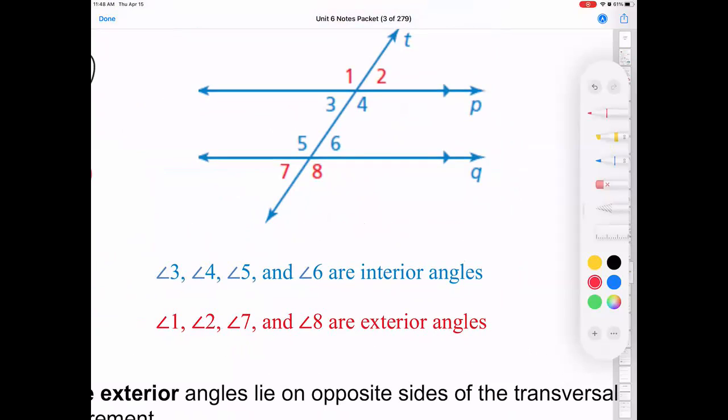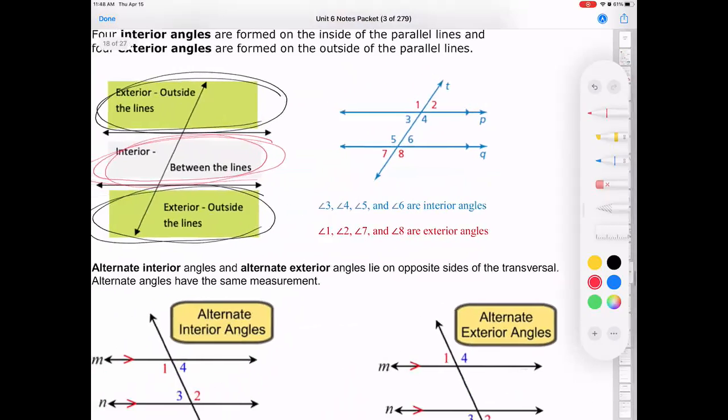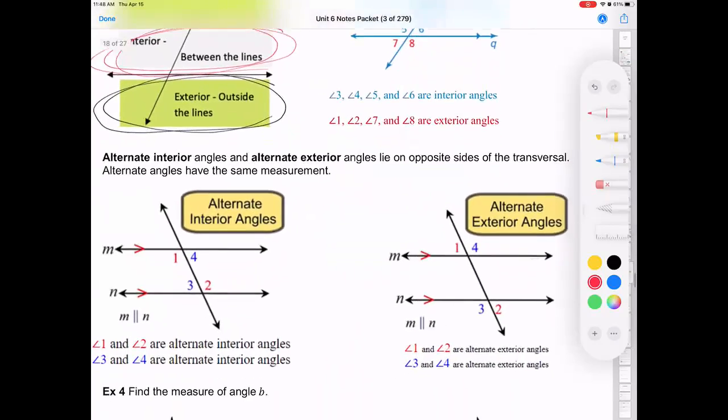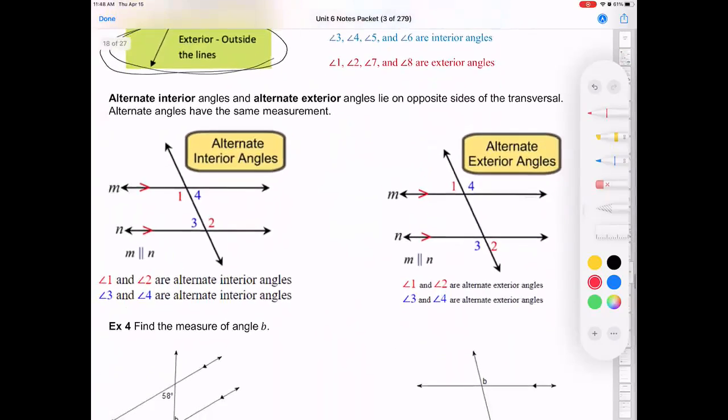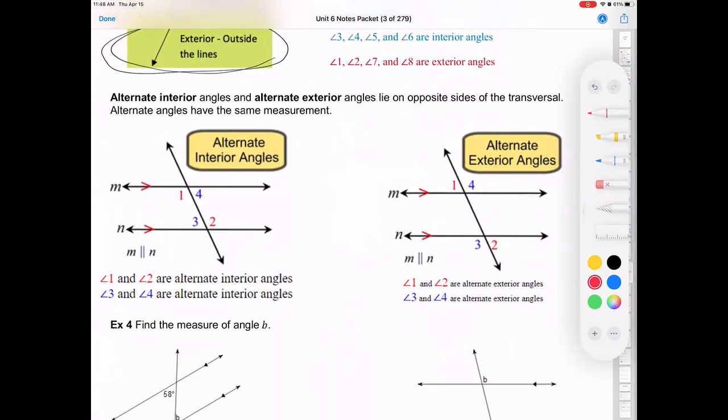Then we start to mix in some other components of geometry, and we start to say, okay, what are some other angle congruences? We've studied corresponding already. Now, how does this whole interior and exterior fit in? This is where alternate interior and alternate exterior angles start to also formulate same angle measures, or congruent angle measures.